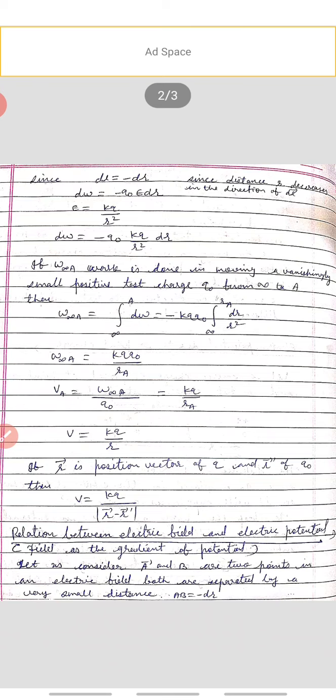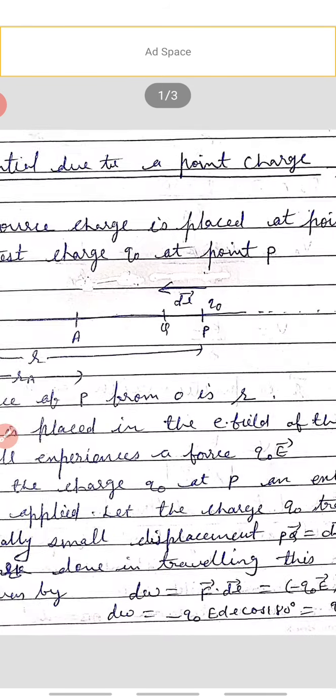Now, dl equals minus dr, since distance small r decreases in the direction of dl in this diagram.